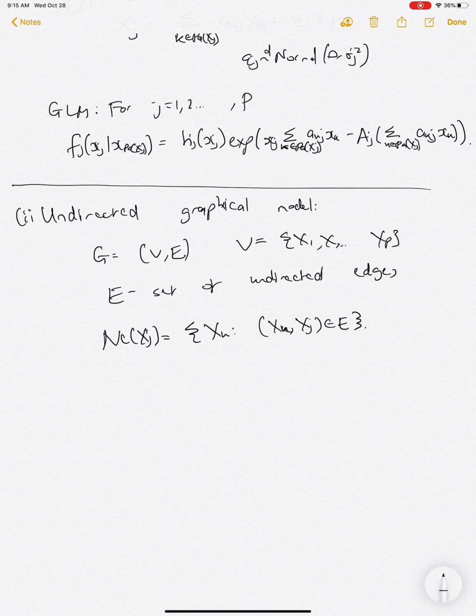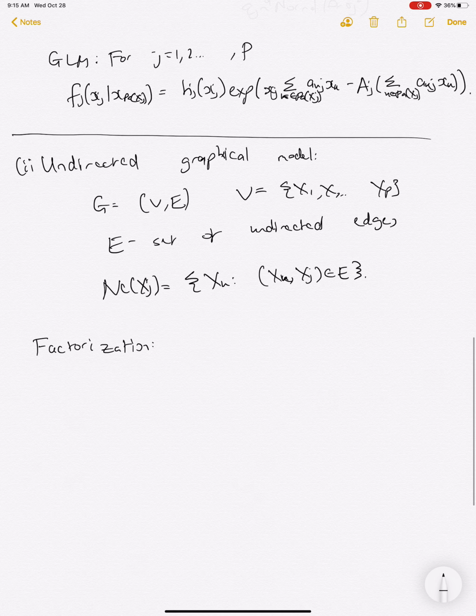And so if we think about the factorization, this was a little bit less intuitive in the case of undirected graphs. But it's connected through the graph structure, through the edges and these potential functions.